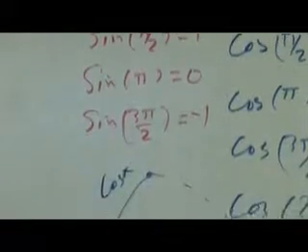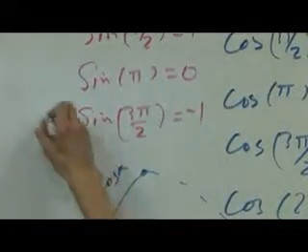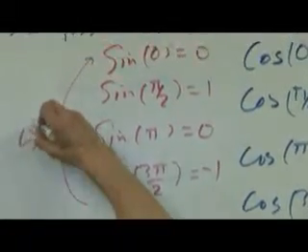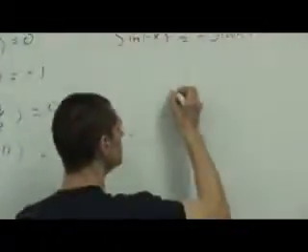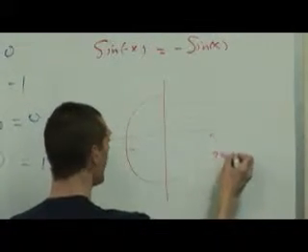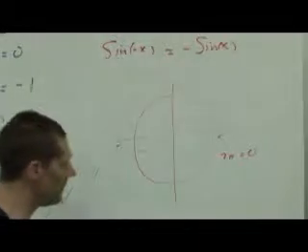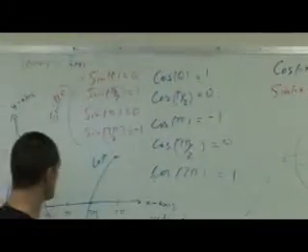The sine of 2 pi, which I guess I'll put along here. Now remember where 2 pi is on the unit circle. 2 pi is right at the starting point. 2 pi is the same as 0. So we're back here. So sine 2 pi equals 0.